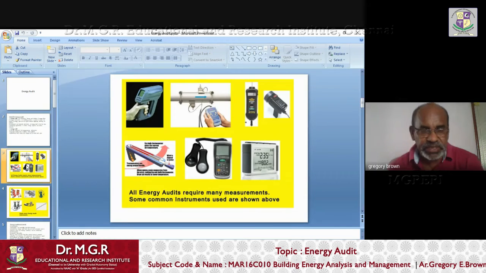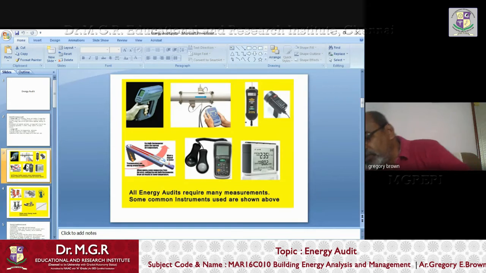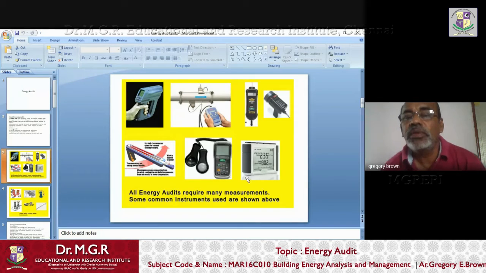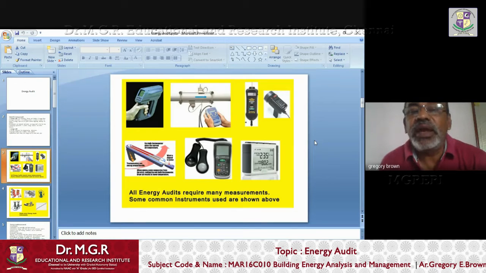So this was a picture we looked at last week. A minute, I seem to have some issues with my mouse. Yeah. So this is the picture we looked at last week. You can see different things like a gun, the regular meters you can see. So what are all these things? What are the names of these things? What are the purposes of these instruments? Okay.